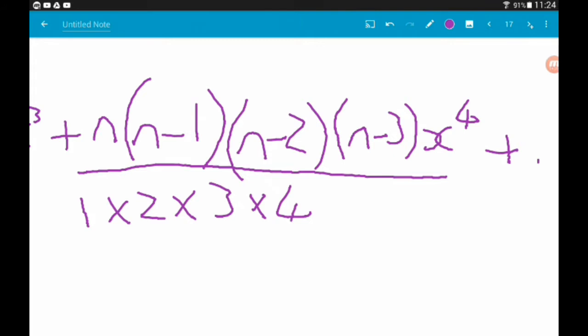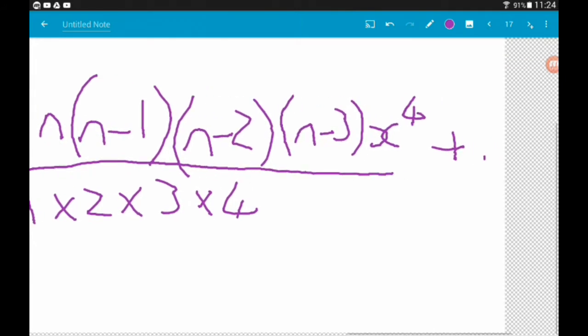So this pattern carries on. We carry on counting down on the top with one extra factor every successive term, and on the bottom we carry on counting up with one extra factor with every successive term.